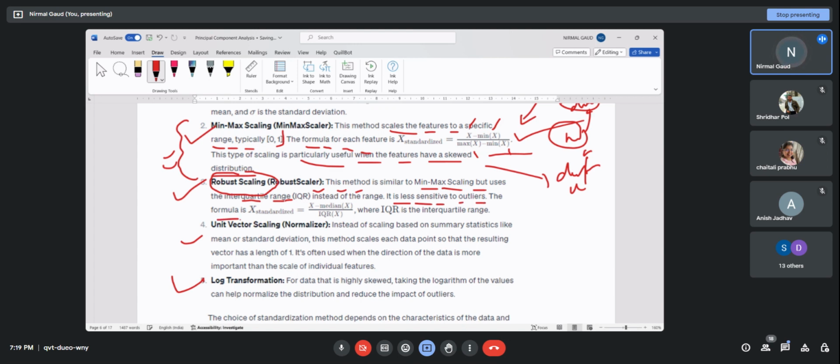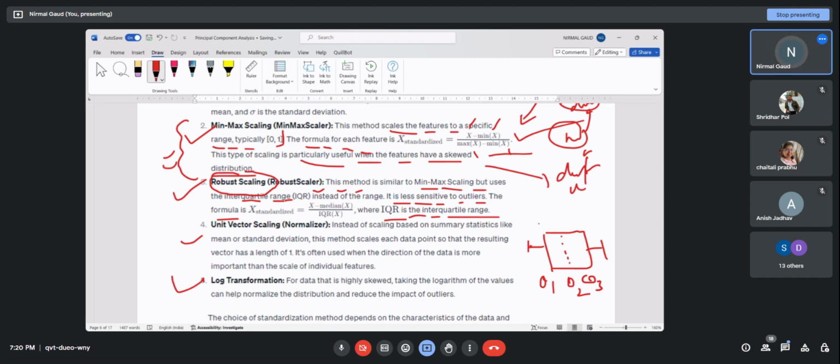That means the formula here is x minus median of x divided by IQR of x, the interquartile range. That I will explain ahead. IQR, what it is. When you make a box plot, this is Q1, the first quartile, this is Q3, the third quartile, and this is Q2, that is called the median.